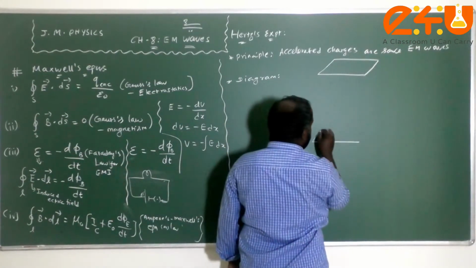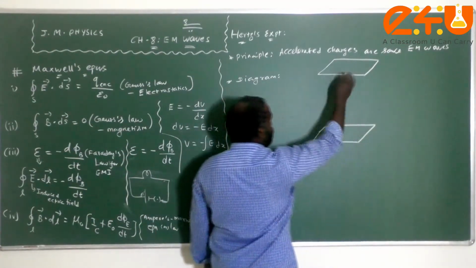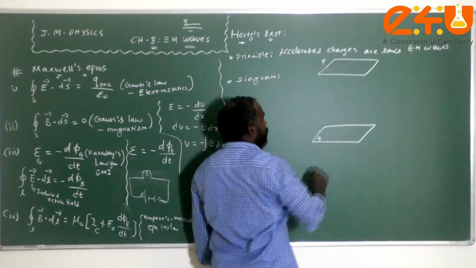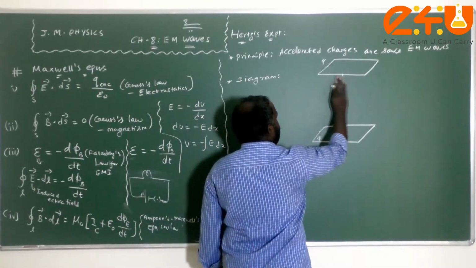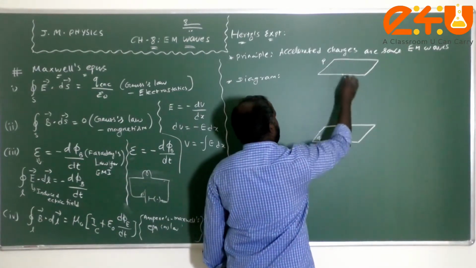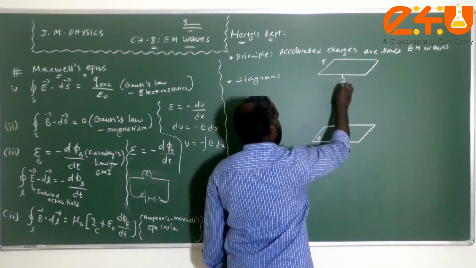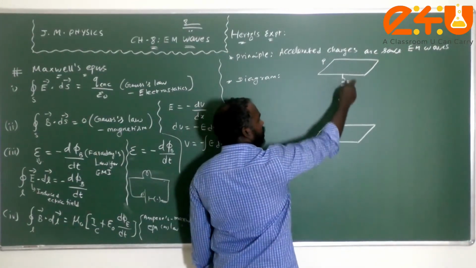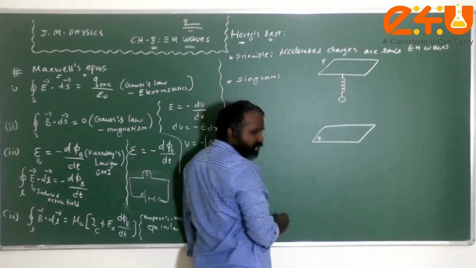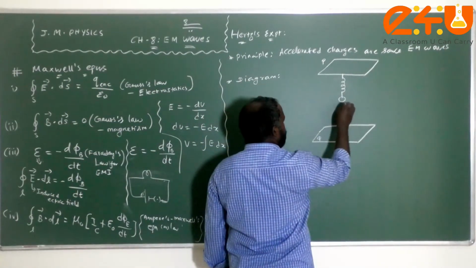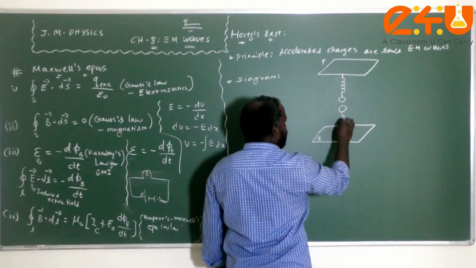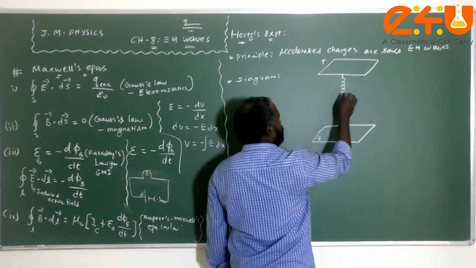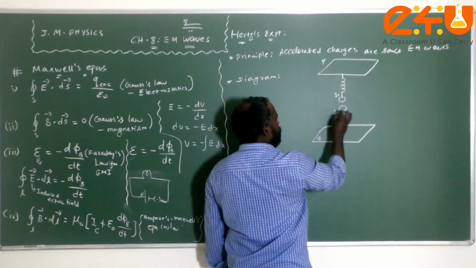These are two identical plates, say P and Q, and they are connected by means of a conducting wire, which we can consider either a straight wire or a turned wire like a coil. Then there is another identical arrangement like this, with highly polished metallic spheres, sphere 1 and sphere 2.